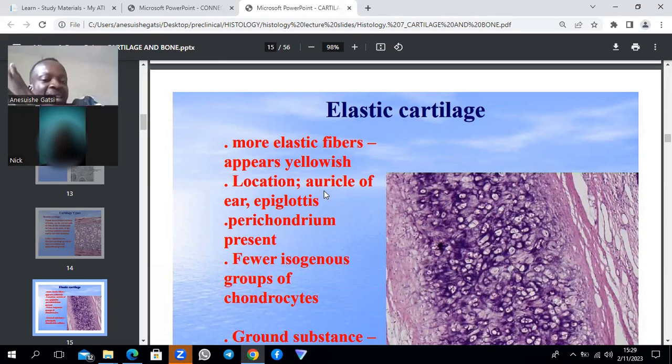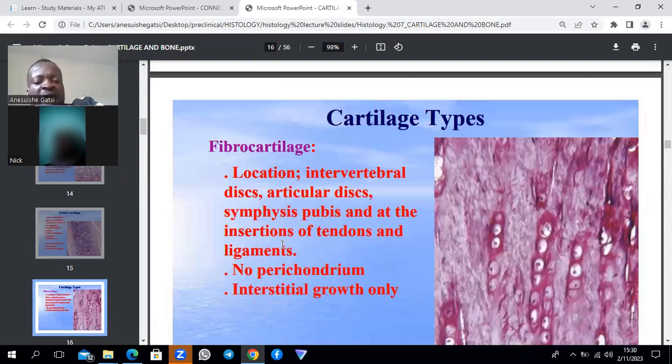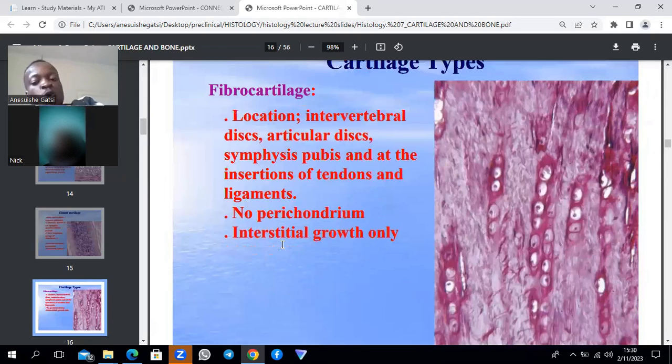I usually say E for E: elastic, ear. So it's there in the ear, it's there in the epiglottis. So notice it's E for ear. In this one, the perichondrium is present. It can grow by both appositional and interstitial growth, as opposed to fibrocartilage, which grows by interstitial growth only. Why is fibrocartilage growing by interstitial growth only?